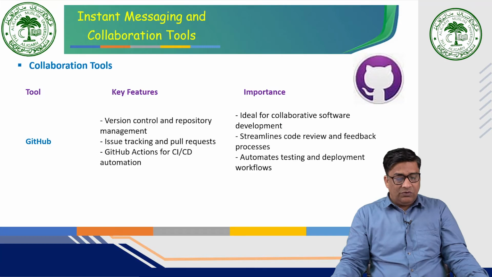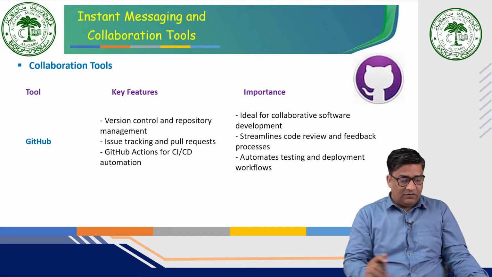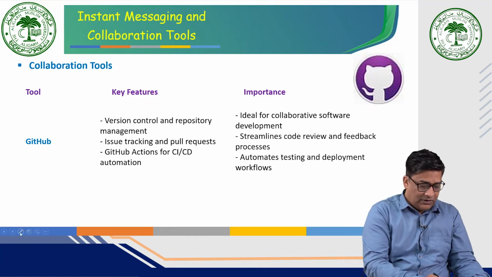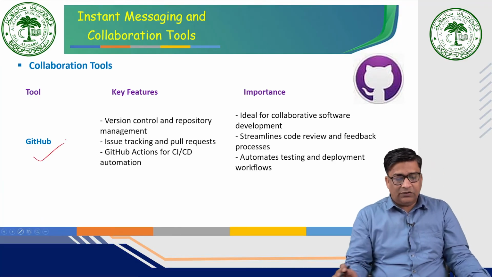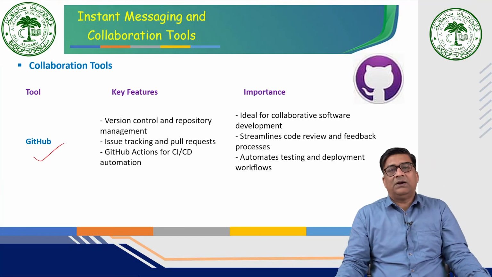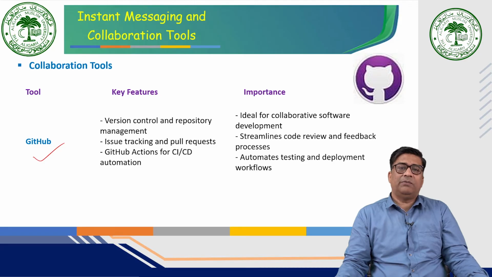Now let's go through some examples of these collaborative tools. The first example is GitHub. GitHub provides version control, issue tracking, project management, and code review. It supports open source and private repositories, and it integrates with other tools for continuous integration and continuous development.